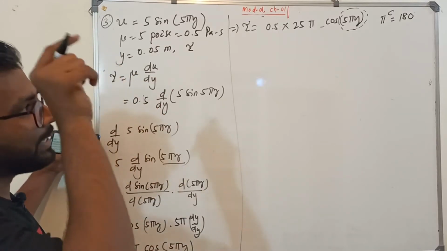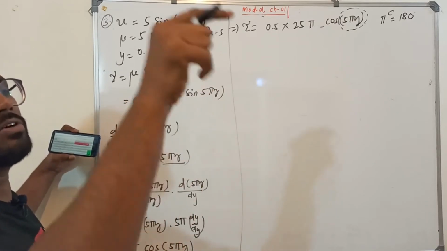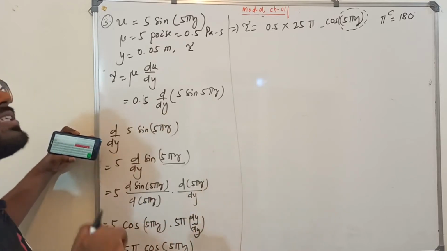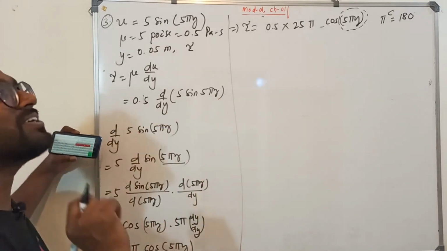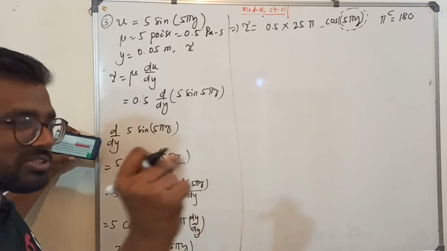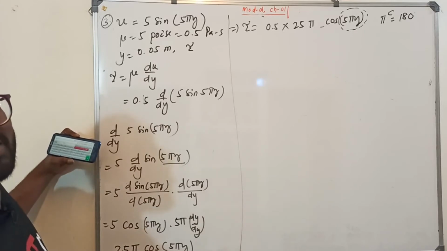So if you type pi instead of 180 degree, it will take the value 3.1415. This is where you will make a mistake. These are very easy questions with one twist, which makes students lose the mark. That's why I selected these questions.